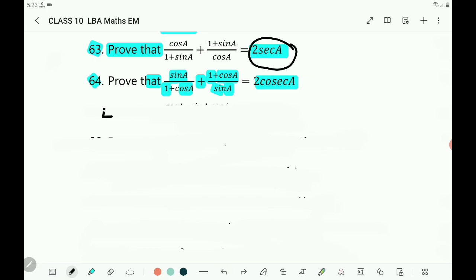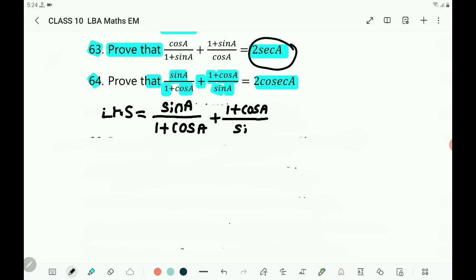LHS equals sin A by (1 plus cos A) plus (1 plus cos A) by sin A equals, here you take the LCM.